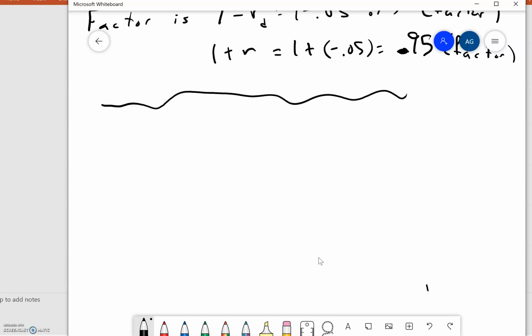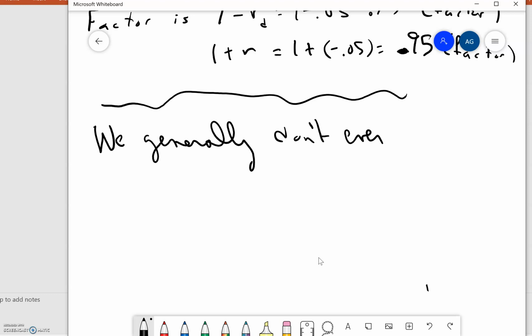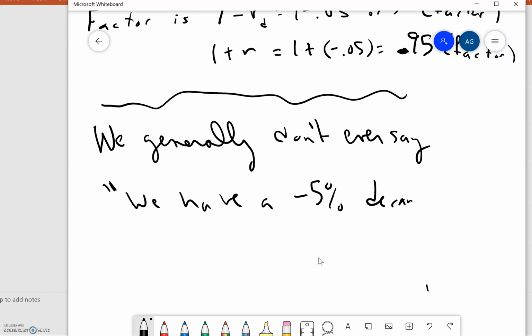So just to perhaps clear the water a little bit, we generally don't ever say we have a -5% decay rate.